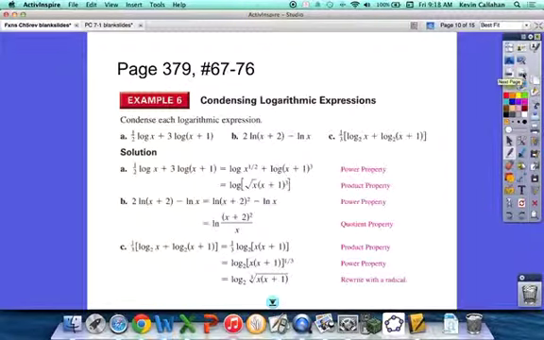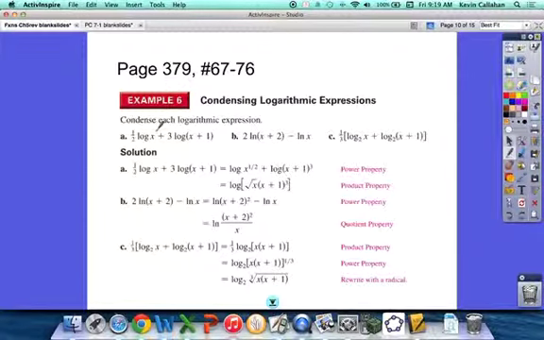Condensing is probably the one I think we have more trouble with than we do with the expanding part. But condensing is when you take the many logarithms and put them back into one. Like this one here, if I want to put that into one logarithm, I know that I'm going to use a product property because of that plus right there. But I can't do the product property yet because of the coefficients 1/2 and 3. So I do the reverse of what we just did on the last slide, take these coefficients and make them exponents.